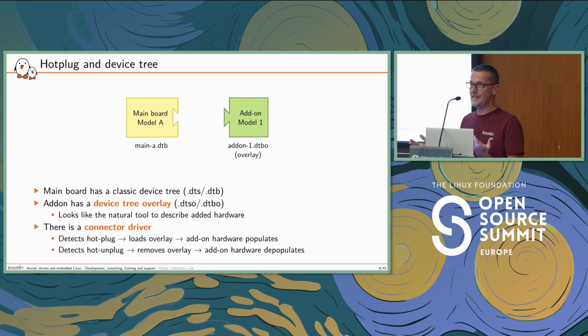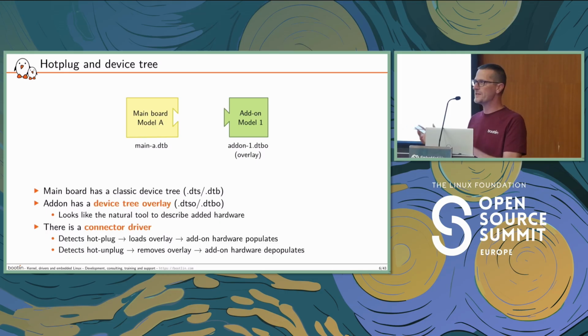Device tree overlays already exist, so we are proposing to use those overlays, but those should be loadable at runtime, because in our system, the add-on can be connected and disconnected at runtime.